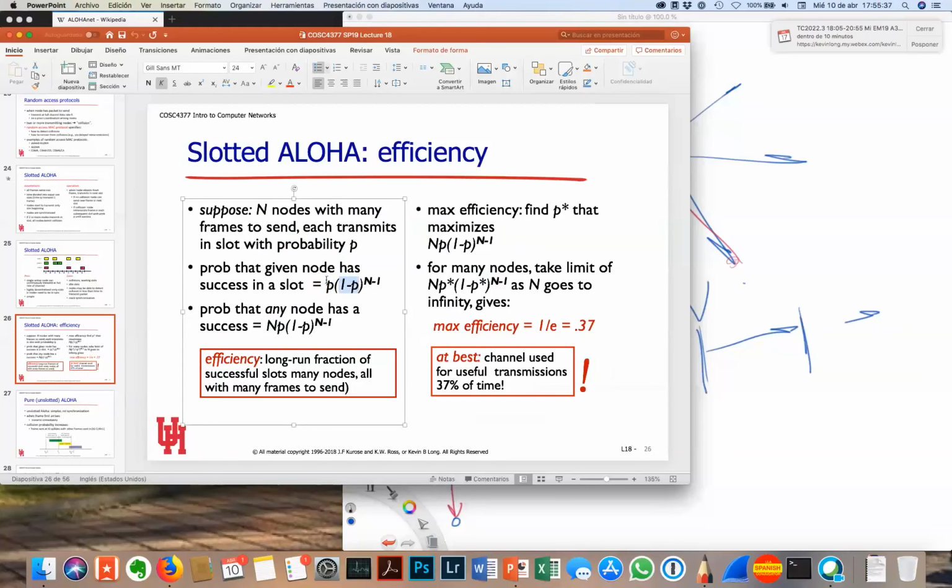So if at any given moment somebody has a 10% likelihood of transmitting a frame, then in order for it to be successful, you will have to hit on one of your 10% of the times when you send something, simultaneous when all other 9 people have 1 minus 10, 90% of the time when they are not sending something. And those probabilities all multiply together, which is why you see this exponent in here as well. Okay, so not very efficient, but works.